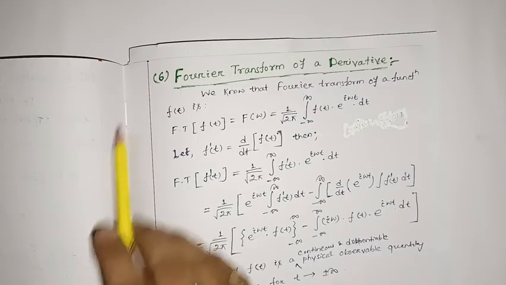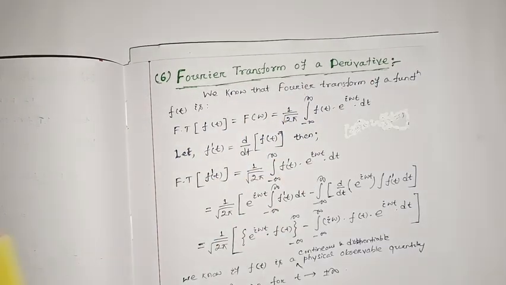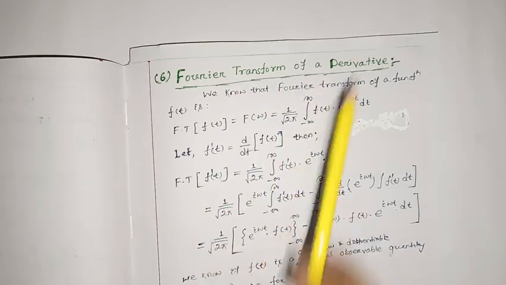Next we are going to go for our sixth property, that is the Fourier transform of a derivative. The last one, the fifth, was the derivative of a Fourier transform. This one is the Fourier transform of a derivative.